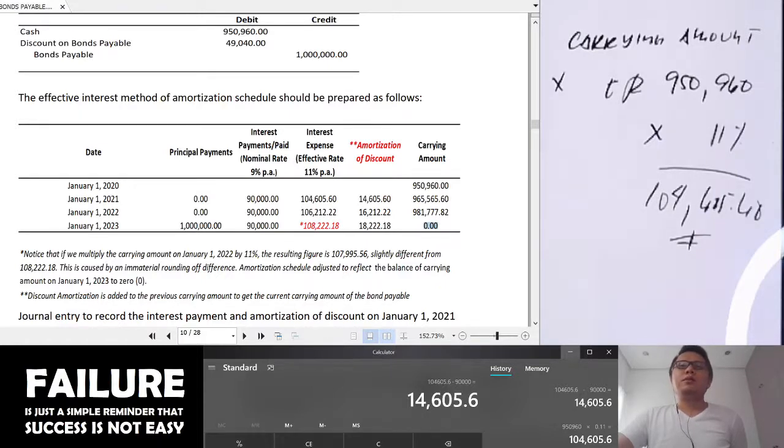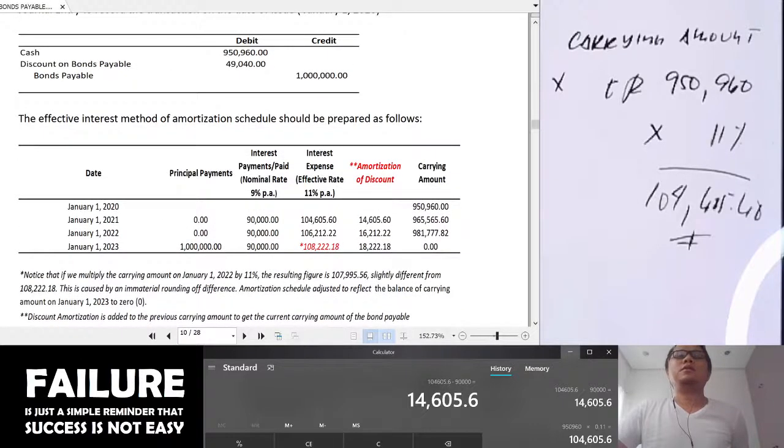So, we have to remember na on initial recognition, the discount or the carrying amount, if there is a discount, is lower than the face amount. So, any amortization is added para maging equal siya to 1 million. So, that is your effective interest amortization.